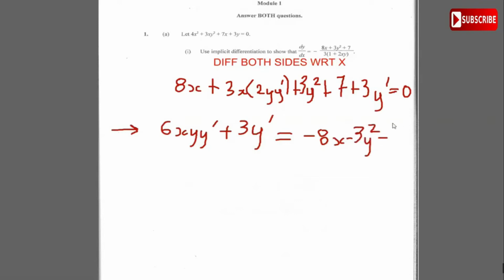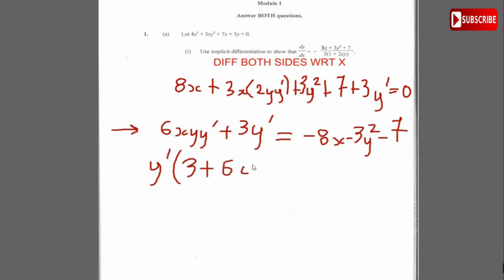Nice. Now all we need to do is factor out y prime from this expression. Factoring out y prime, we're left with 3 from 3y prime, plus 6xy from the 6xy y prime.